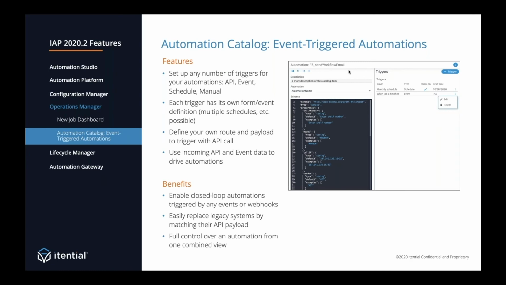That's a big part of our 2020.1 IAP product demo, if you haven't seen that. And without any code, without any external effort, all within our UI, you can connect a system that only has a very specific payload to an automation with a payload that might be very different.